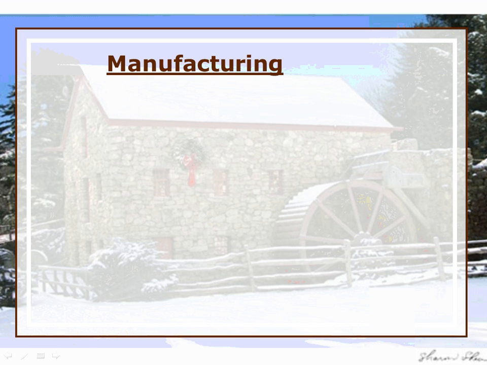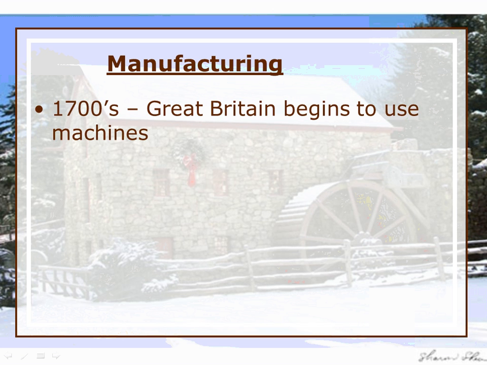Then, something happens in Great Britain in the 1700s, and they begin to make things not by hand, but by what? In the 1700s, they begin to make things not by hand, but by machines, yes. Great Britain begins to use machines to make things.